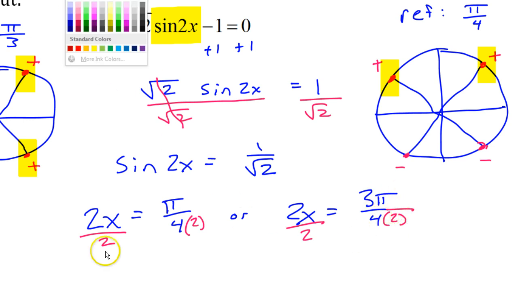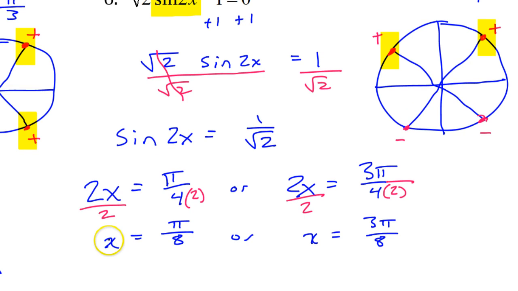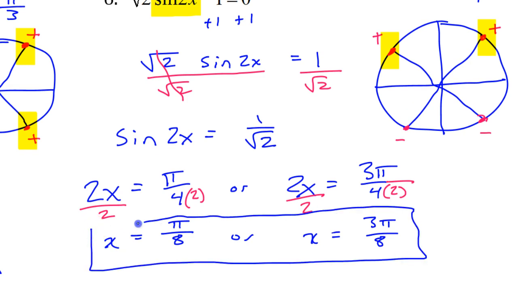So that's going to give me x is equal to pi over 8, or x is equal to 3 pi over 8. And that's it. Those are the 2 solutions to this equation.